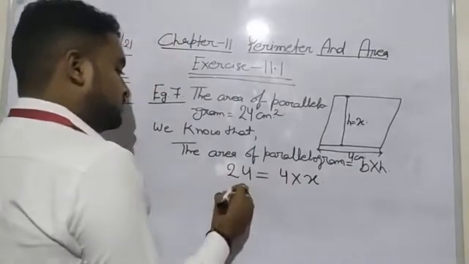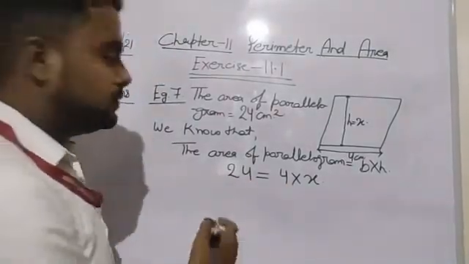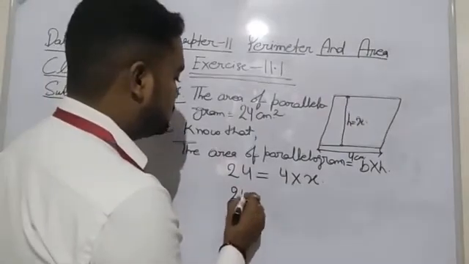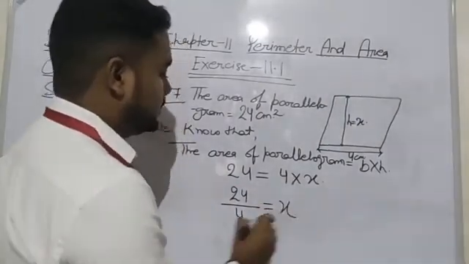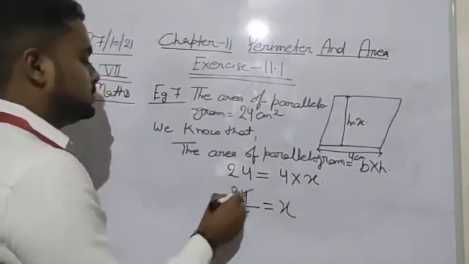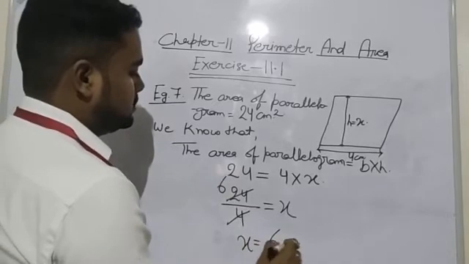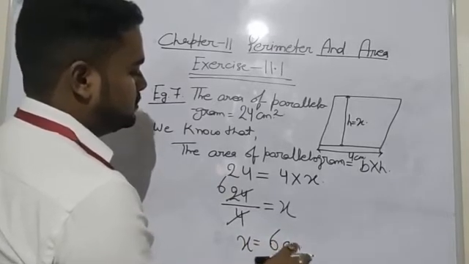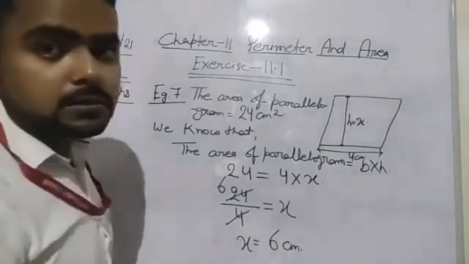So when 4 goes to this side, 24 will be divided by 4, and here x. 4 6s are 24, x equals 6 centimeter.